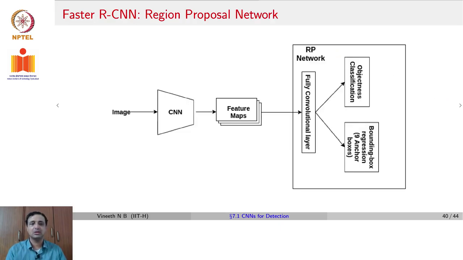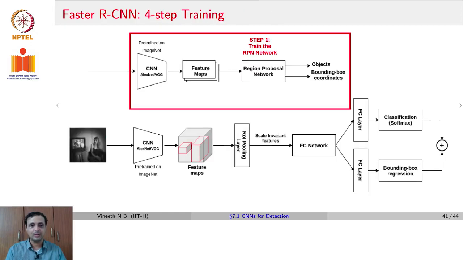Let's then see what happens. You're going to have a fully convolutional layer which does objectness classification and bounding box regression. In this case we are talking about say 9 anchor boxes, which is what k was on the previous slide, but this could be different based on what one chooses to do in a given setting.